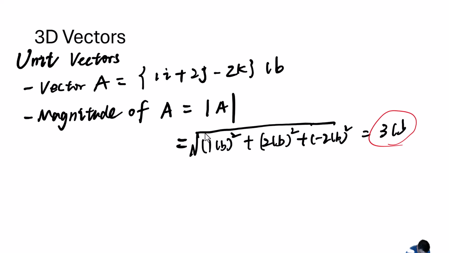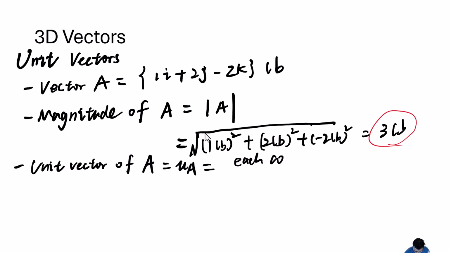And we have another concept, the unit vector of A. It will be each component over the magnitude.